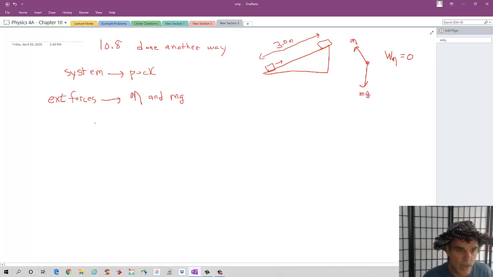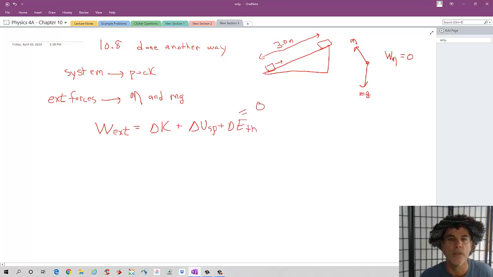So now I look at the work done by all external forces equals the change in kinetic plus, oh, if the Earth is not part of the system, I cannot include gravitational potential energy. So I can't include that term. Going back, just like before, there's no friction, no air resistance, so no thermal energy is going to be generated. The problem doesn't have a spring, so I don't even need to include elastic or spring potential energy.